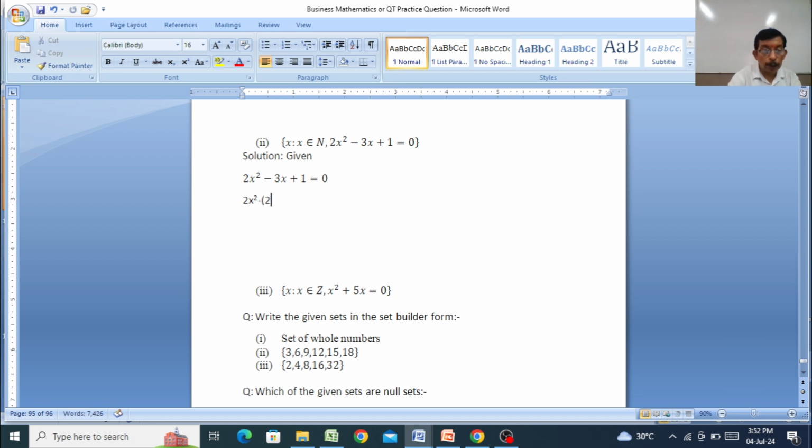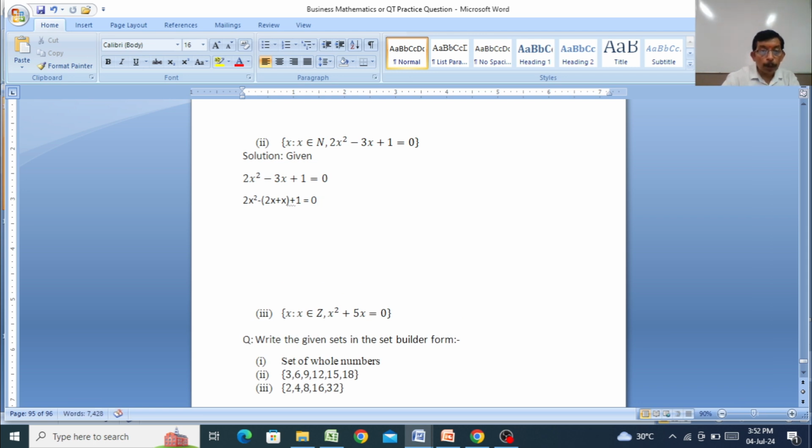2x square minus 2x minus x plus 1 is equal to 0.